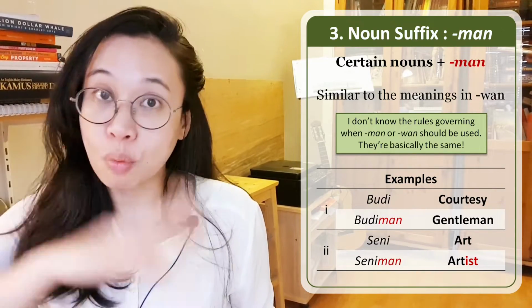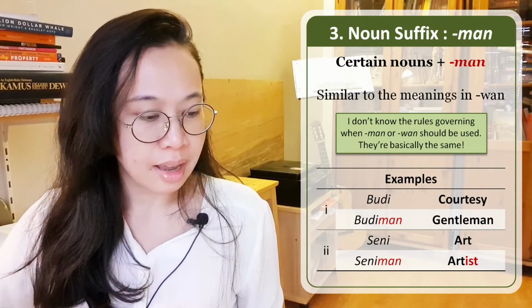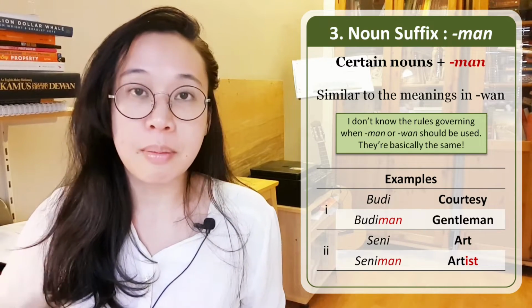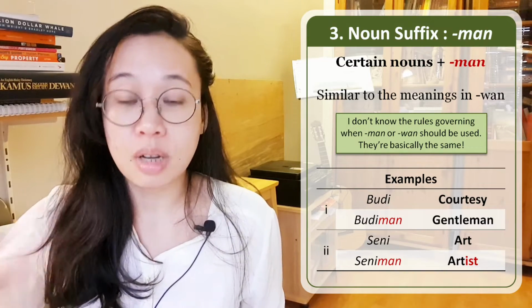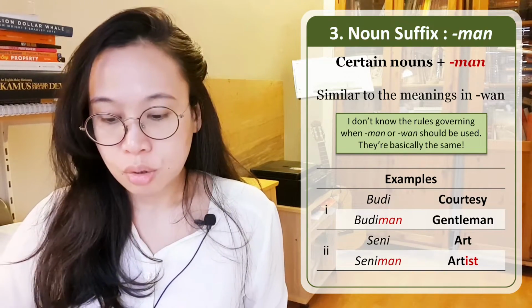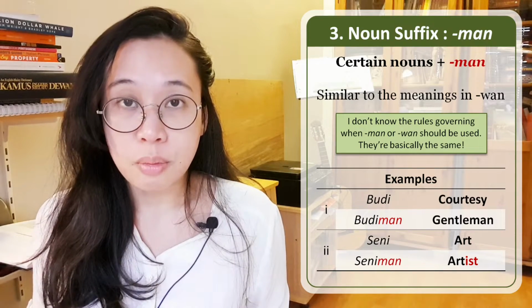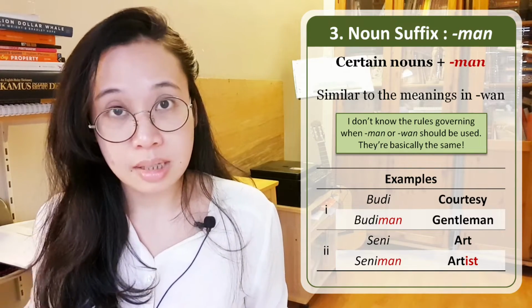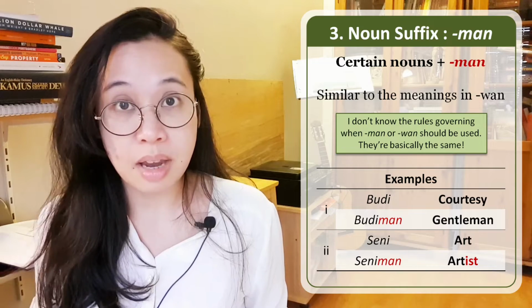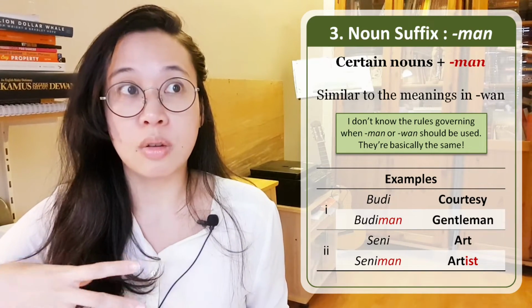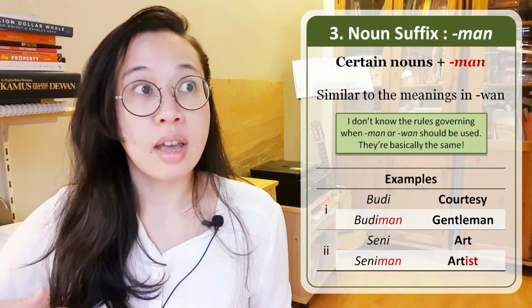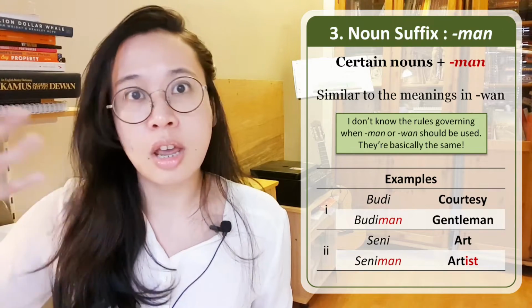It is similar to wan in a sense that it describes a member or a person of a field or subject, a person who does something, right? So an example of words that uses man suffix is like budiman or seniman. Budi means to have a good character and to have a good head on your shoulders.